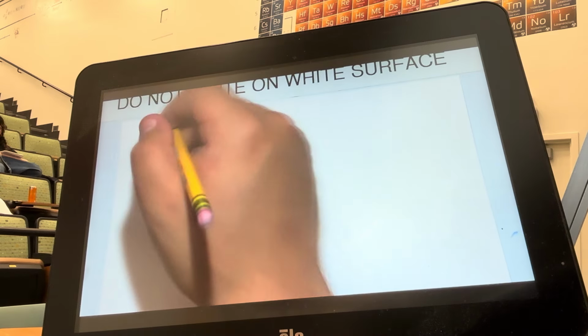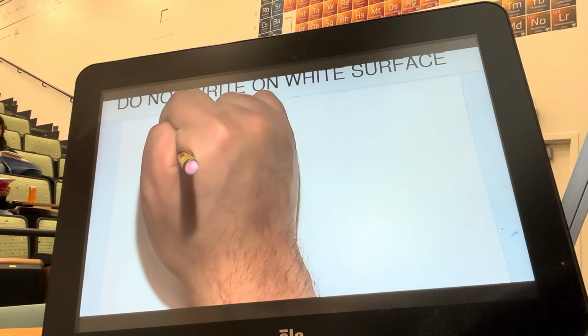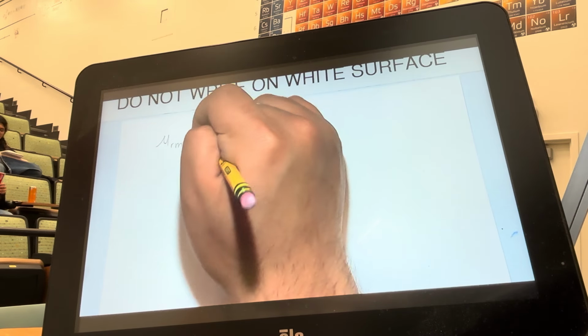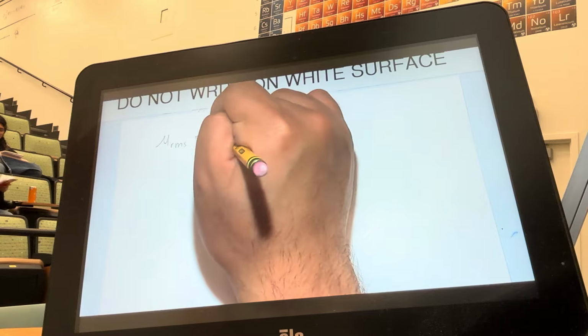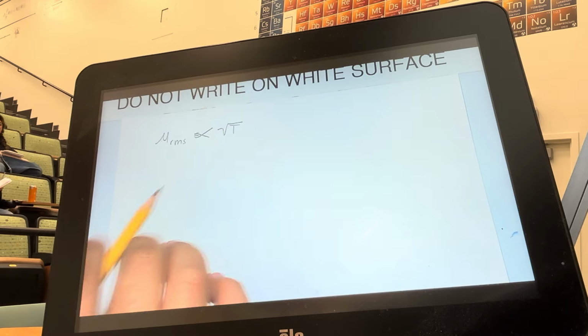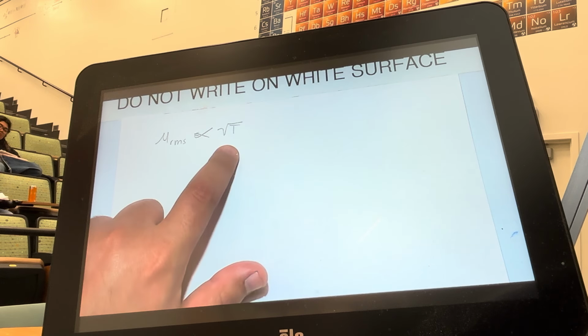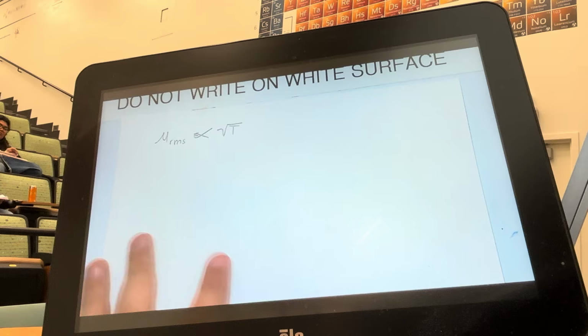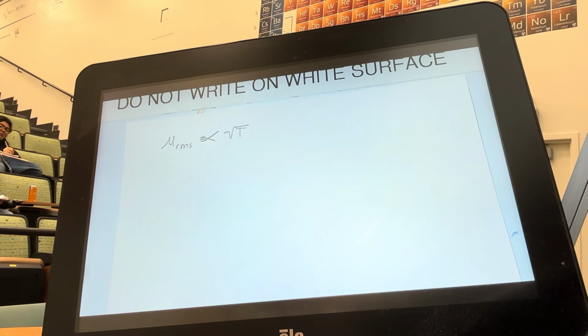What we see here is that the VRMS is proportional to the square root of T. That means if you increase T, the VRMS is going to increase by the square root of that increase. So if you increase T by 2, you're going to increase VRMS by the square root of 2.